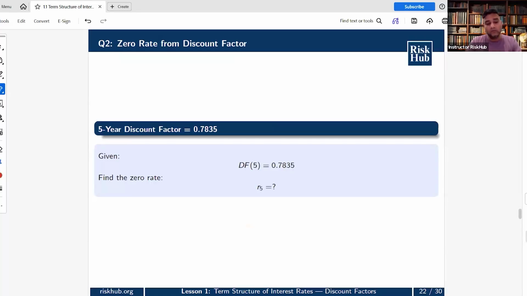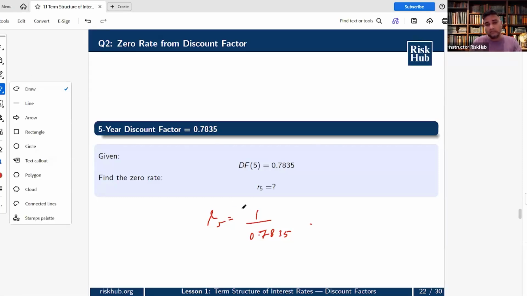Similarly, slide number 22. This is given again. R5 is asked. R5 is nothing but 1 by 0.7835 to the power 1 by 5, right? Sorry, you have to take combined. The question is asking zero rate here, right?